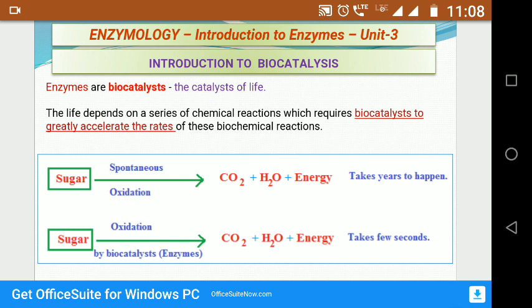Sometimes the yield of the product will be more, and the number of byproducts will be less.